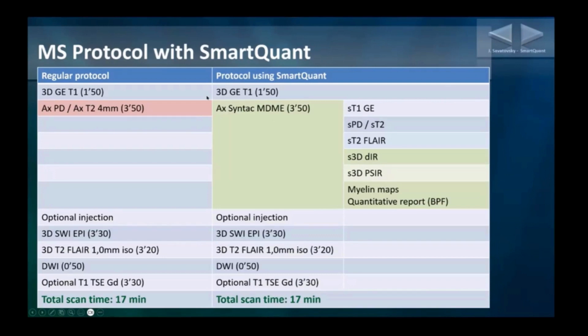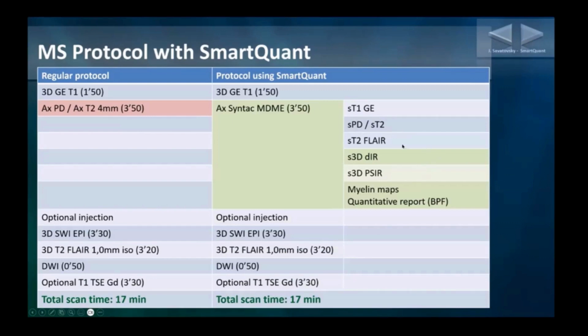And the reason why we keep all the conventional sequences such as FLAIR and 3D gradient echo T1 is that we additionally want 3D sequences to be done in order to optimize the comparison and if we need further analysis of the volume. But by doing this, we still have the PD and T2 weightings that are done in the synthetic way, and as you have seen, it is slightly better quality than what we did with the conventional sequences.